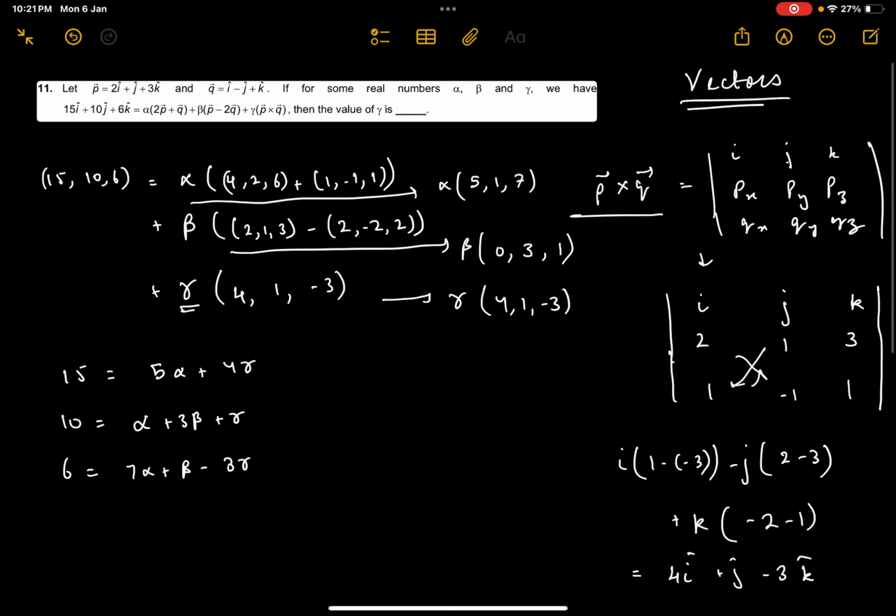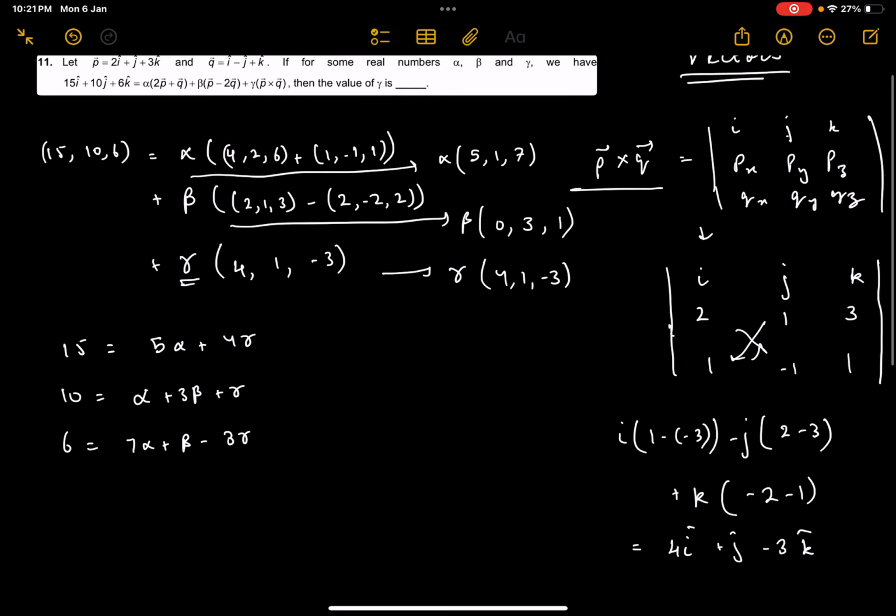Now these are 3 equations and 3 variables. Let's find gamma. 15 minus 4 gamma equals 5 alpha. Using these 3 equations, let's eliminate beta.